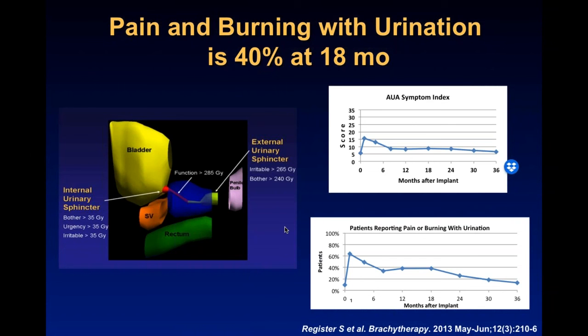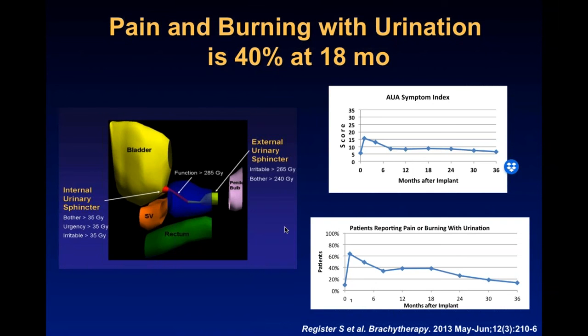What we found was that the external urinary sphincter was causing irritable and bothersome symptoms when you achieve these doses over 240 gray, and that patients reported pain or burning with urination, even 40% of patients, even out to 18 months. We also see with the internal urinary sphincter, bother, urgency, and irritable can occur even at 35 gray.